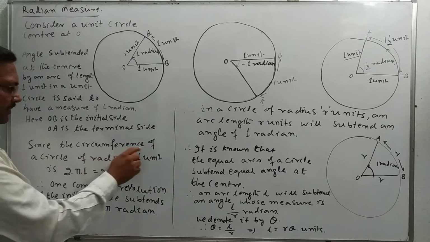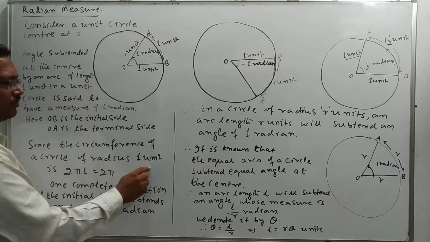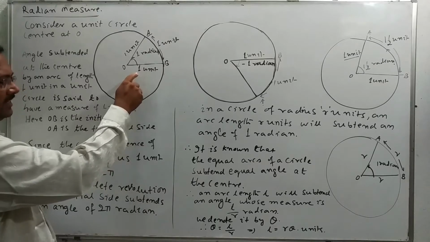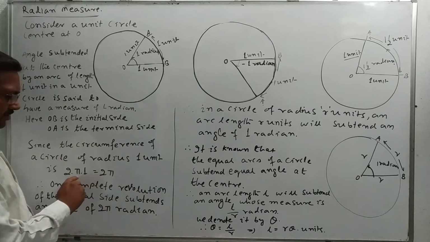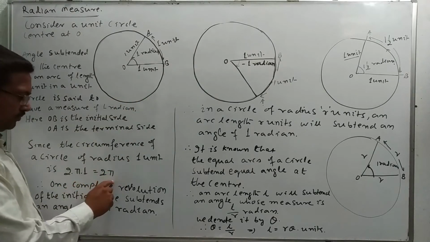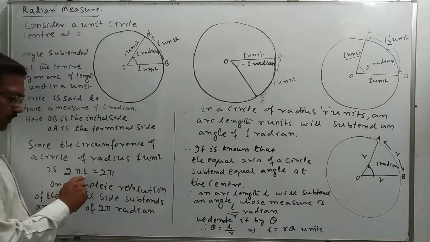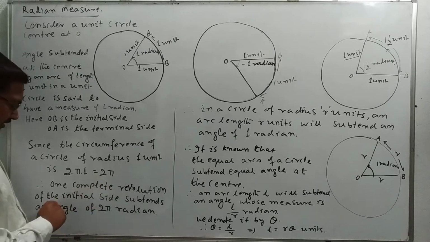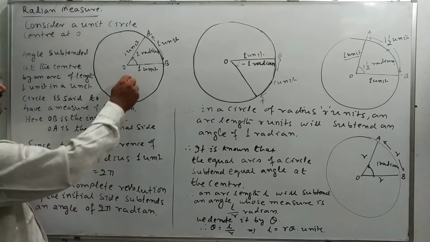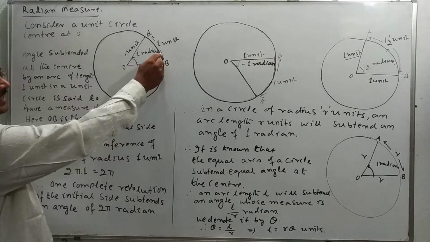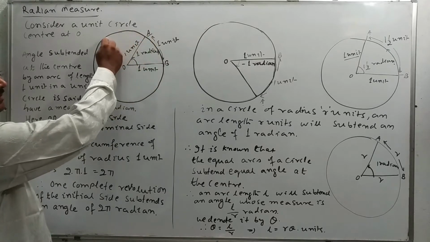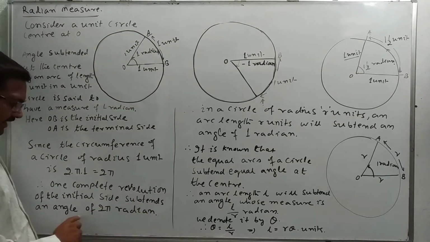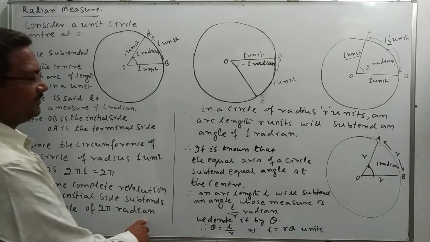Since the circle has radius 1 unit, its circumference is 2 pi times 1, that is 2 pi. So one complete revolution of the initial side OB subtends an angle of 2 pi radian.